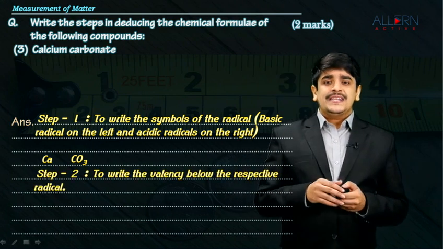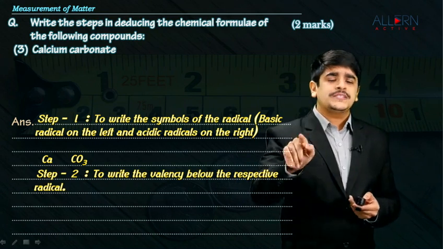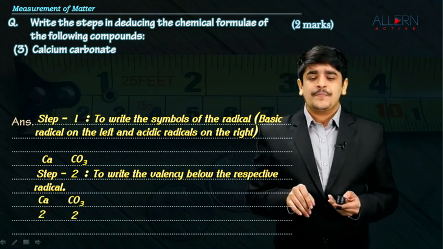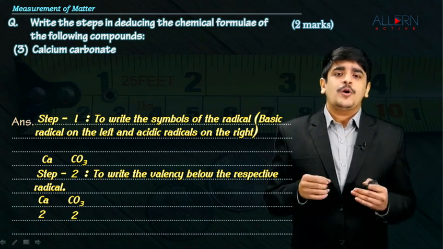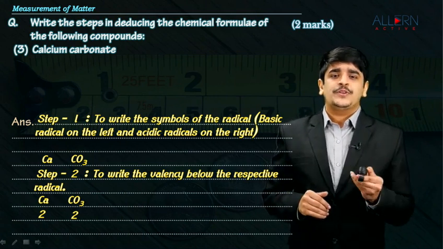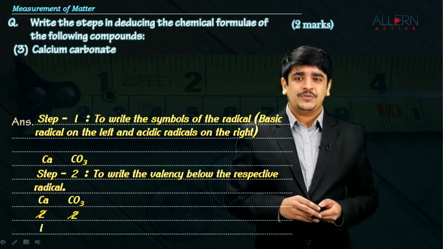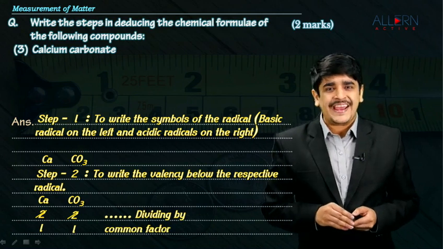Write down the valency below the respective radicals, Ca with a charge of 2 plus, CO3 with a charge of 2 minus. Do you see something similar happening over here? Yes, 2 and 2, perfectly divisible. Divide them by a common factor, get them to the lowest number possible. When you cut 2 and 2, you're obviously going to get 1 and 1, and that's the radical that you need to exchange. But remember, 1 is the only number that you write or don't write, it doesn't make any difference.